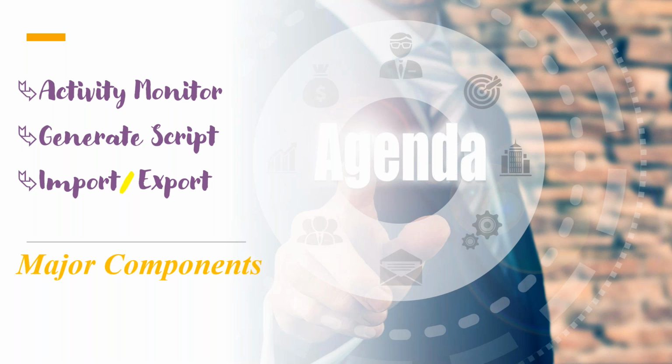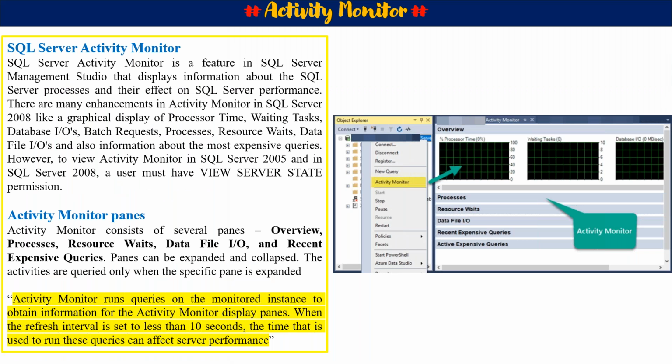Out of that, first we are going to discuss the activity monitor. Activity monitor is a feature in SQL Server Management Studio that displays information about all SQL Server processes and their effect on SQL Server performance, like how the SQL Server is performing, using a graphical user interface. There are a lot of enhancements done by Microsoft from SQL Server 2008 onwards.